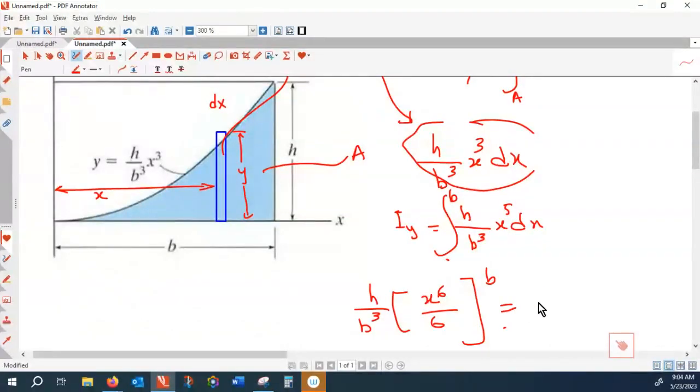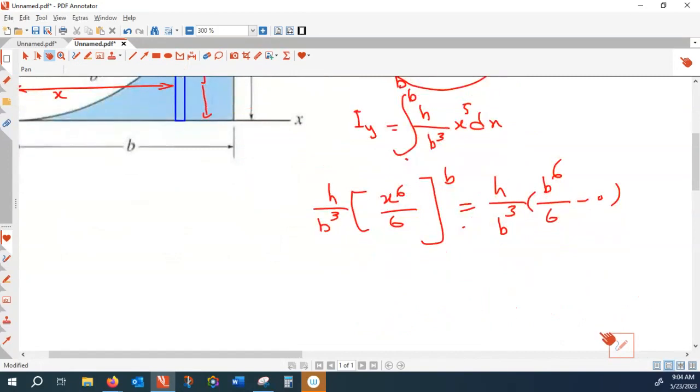So this results in h over b cubed, and that is b⁶ divided by 6 minus 0. That can be simplified: b⁶ and b³ simplify, that is h b³ by 6.